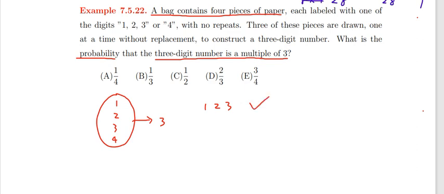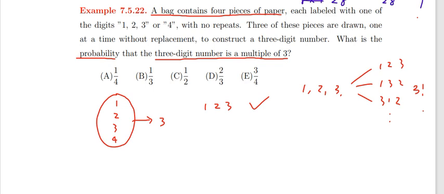The 3 digit numbers made of those digits, we can make 1, 2, 3, or 1, 3, 2, or 3, 1, 2. How many can we make? We can make 3 factorial, right? We can make 6 three digit numbers. So all those numbers are a multiple of 3.